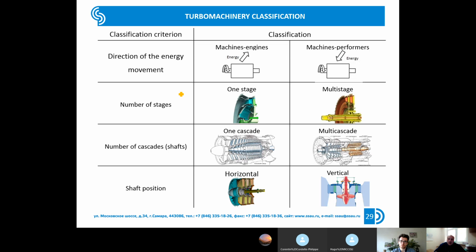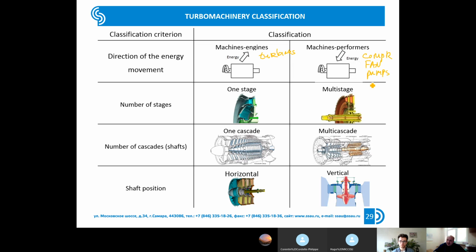For example, by the direction of energy movement, turbomachinery could be classified as machines engines. These are the machines which extract energy from the flow. In other words, these are the turbines. And machines performers, which supply energy to the flow. In other words, these are the compressors, fans, and pumps.